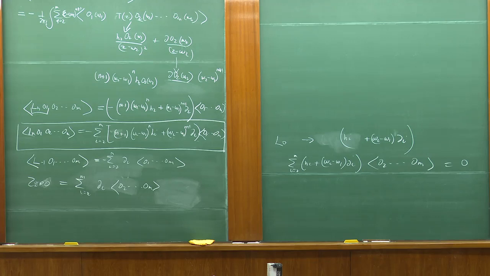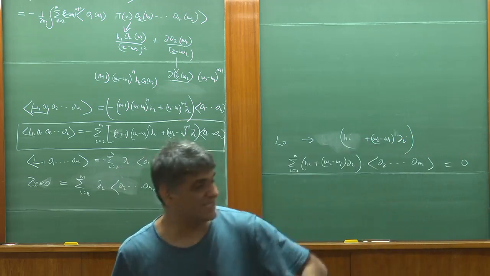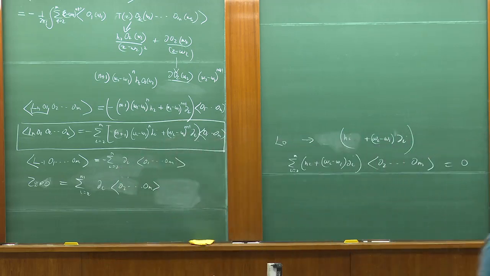And then this becomes the equation: the sum of h I plus z del by del z, over everything, is equal to 0. It's the equation that tells you that the net dimension of correlation functions, the net power of 1 by z of the correlation functions, is the sum of the dimensions of the operators.